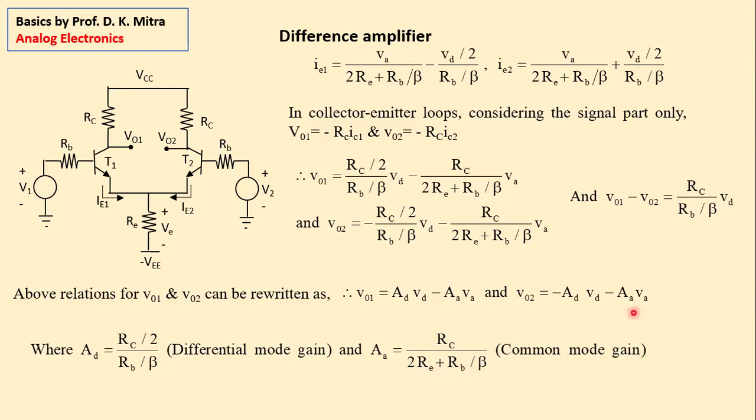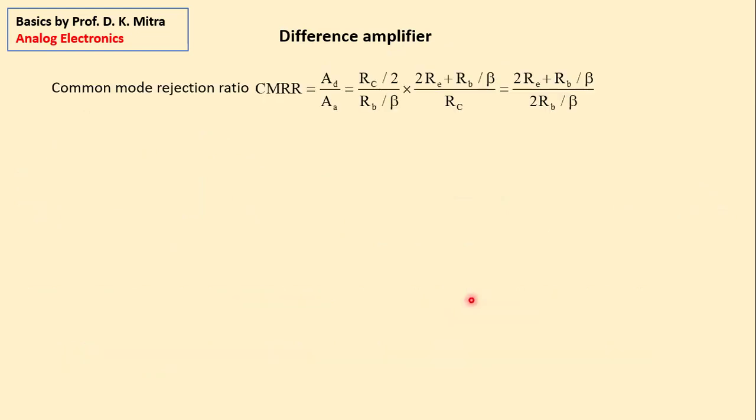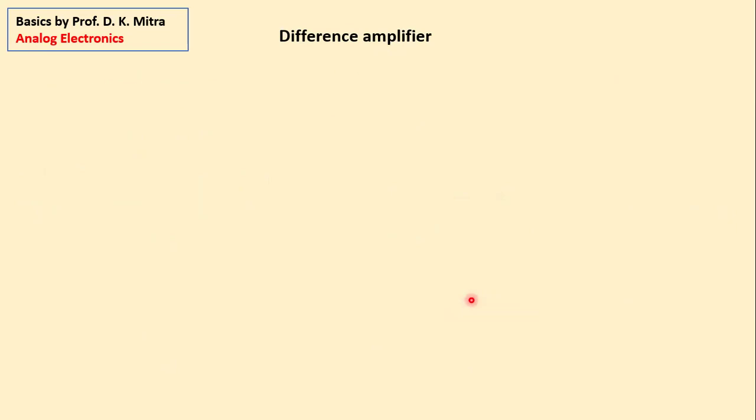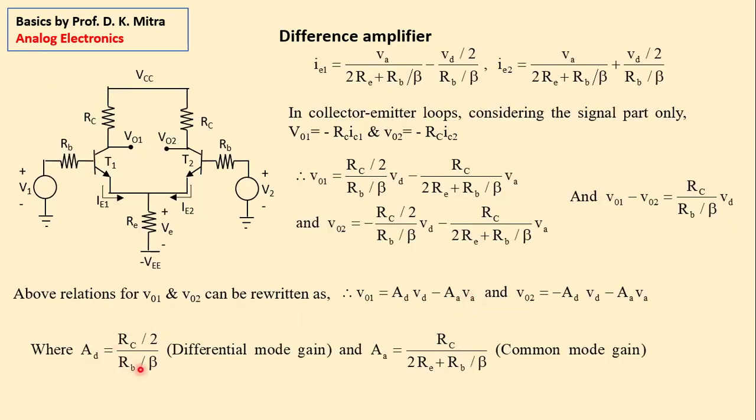It shows that the output is actually the difference mode gain multiplied by the difference voltage, plus minus the common mode gain multiplied by the common mode voltage, right? So this is the value of differential mode gain, and this is the value of common mode gain.